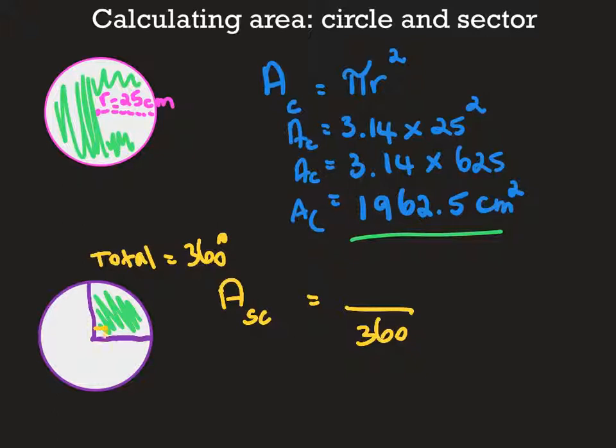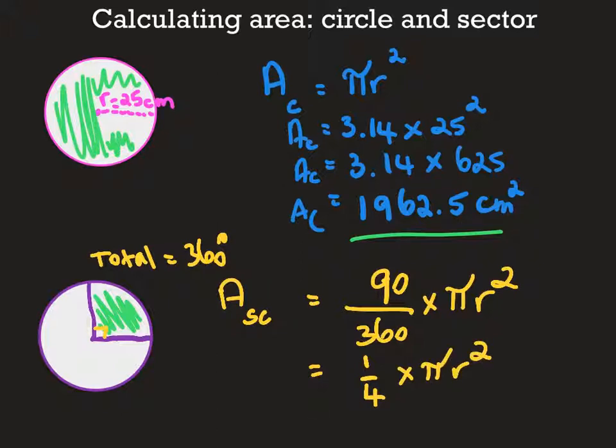Now, because this is a right angle, a 90-degree right angle, this whole greened out area is 90. So we put 90 over 360 multiplied by pi r squared. So let's go ahead and solve this. We can simplify 90 over 360 to 1 over 4, because it's a quarter, multiplied by pi r squared.